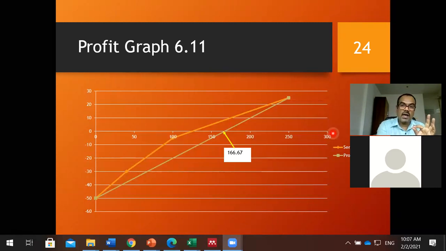Here, for the example given in your manual, volume means the revenue has been taken, not the number of units. You can do the calculation with the number of units and reconcile at home. It should tally exactly. You should have the same answers, no worries. But we here have taken the same graph because the same example has been given in your manual with the sales volume, not the units.